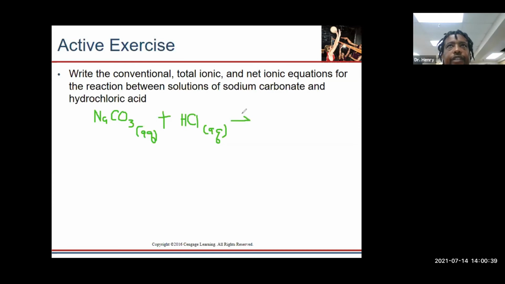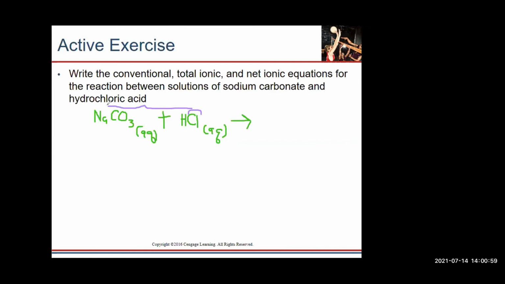And that's going to yield. So it's a special double replacement reaction. This guy's going to hook up with who? Na. So it would be NaCl. Okay.